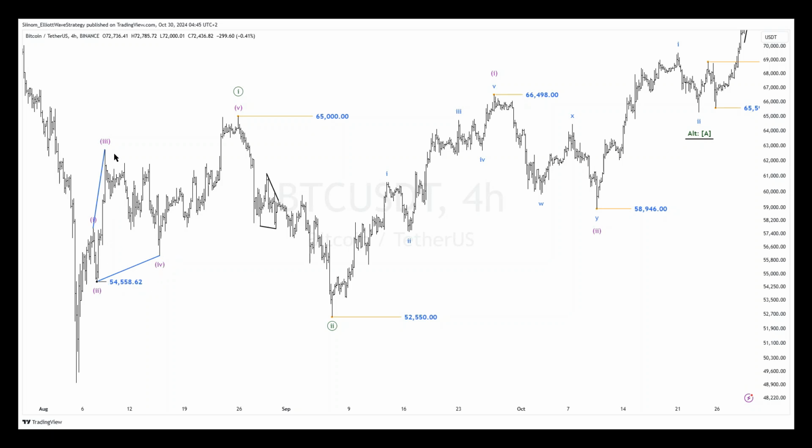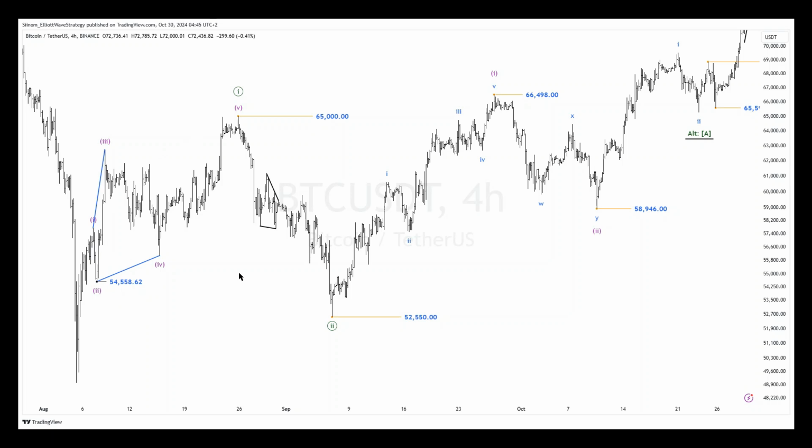The reason being, when I checked this part, it did conform to the rules as well as the guidelines of the wave principle, because I didn't like the fact that this would be our 1 here, and it somehow resembles sort of 3 waves to the upside. I mean, this structure from this low to there does qualify to be rather an expanding diagonal.